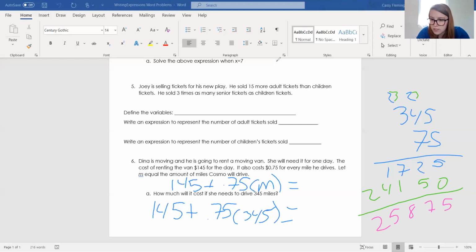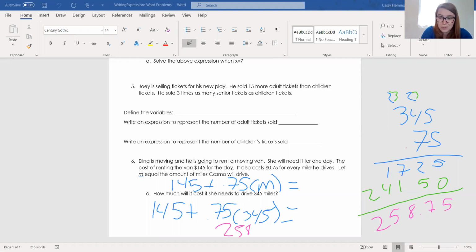We move the decimal point 2 places for that 75 cents. So we just have to move it 2 places back. Bear with me because I kind of forget how to do this. I just kind of wing it. But it should be $258.75 for just the mileage.